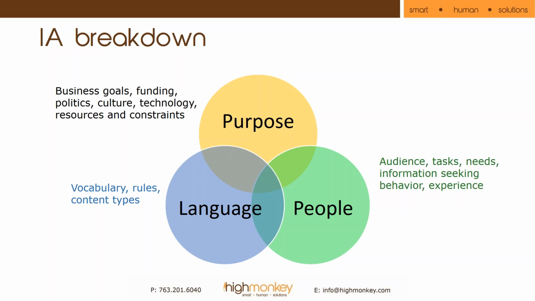we'd probably have a lot simpler life, because not only do we have a different purpose, and people in an organization can have different purposes, and we have different language we use around different things, but then we have all these different people that do things differently, understand, look for information differently, and have all these different needs.